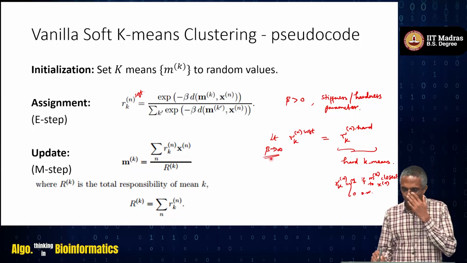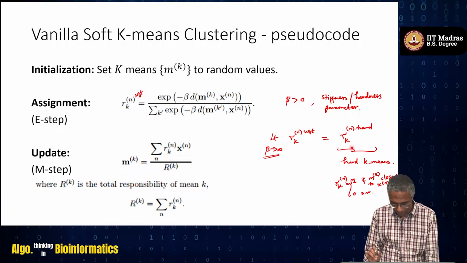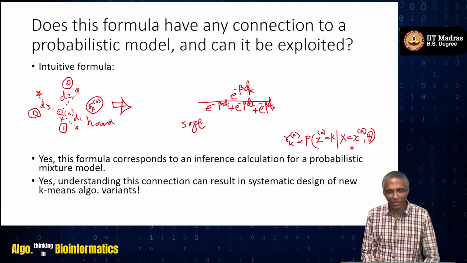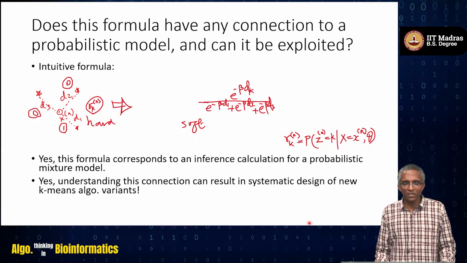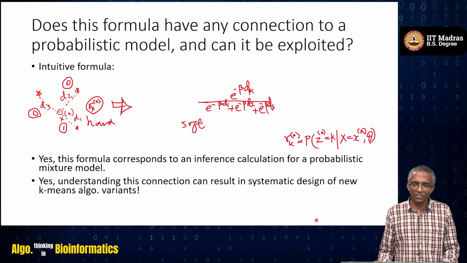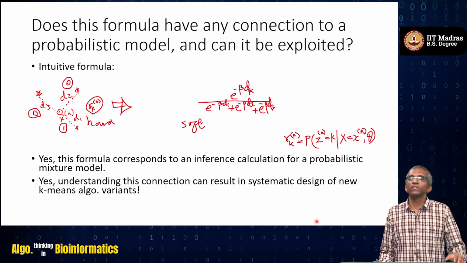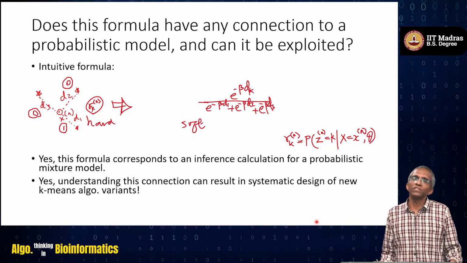So that is what I wanted to say, and this can be formally shown, but we won't get there. What we want to get at is: does this formula have any connection to a probabilistic model, and can it be exploited? You have gone through other machine learning courses before, and you may have seen the maximum likelihood method and probabilistic modelings.